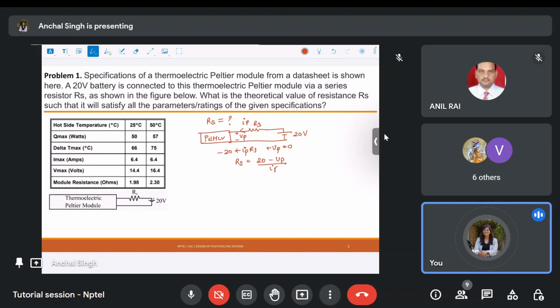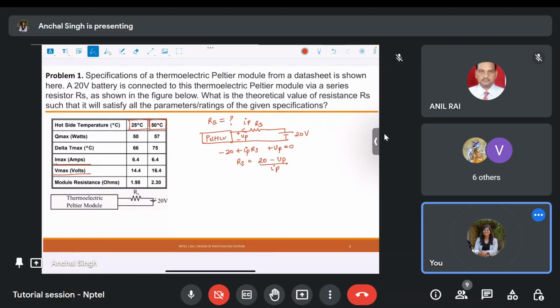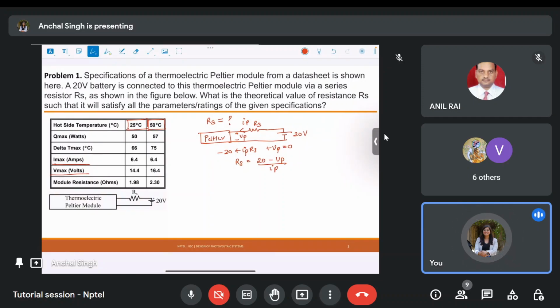And from the datasheet, we can see that Imax and Vmax parameters are given for two different hot side temperatures, 25 and 50 degrees Celsius. Since it's not clearly mentioned, let us calculate for both the scenarios and see what happens. Suppose this is for hot side temperature 25 degrees Celsius, this is for hot side temperature 50 degrees Celsius.